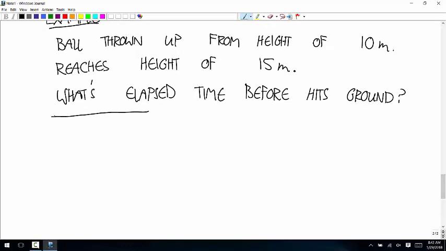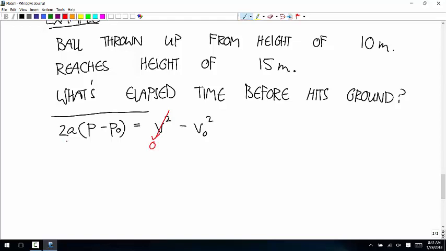All right, so the starting height is 10. We know that when it reaches 15 meters, the velocity is 0. We don't know anything about the time, so we're going to use this equation: 2a times the quantity p minus p0 is equal to v squared minus v0 squared. This is 0 at the highest point.